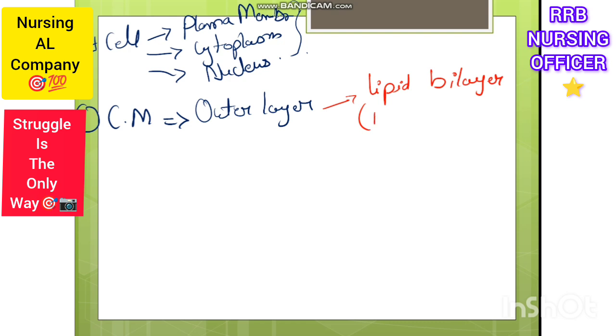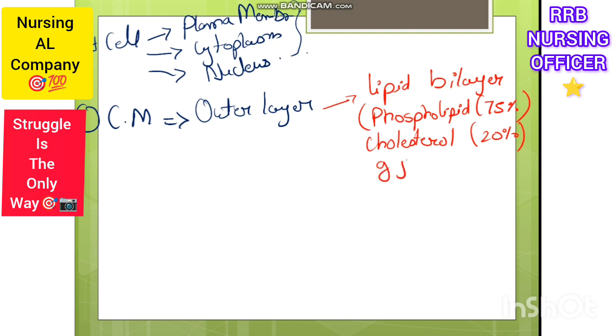phospholipid 75%, then cholesterol, that is 20%, and glycolipid, that is 5%.